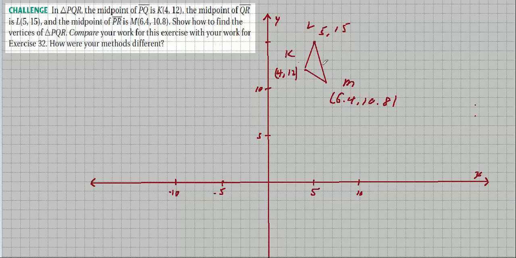it's not that bad. It looks hard. We have the mid-segments. So, for instance, this is the midpoint of some side. We don't know which side, except that it would have to be parallel to this, wouldn't it?